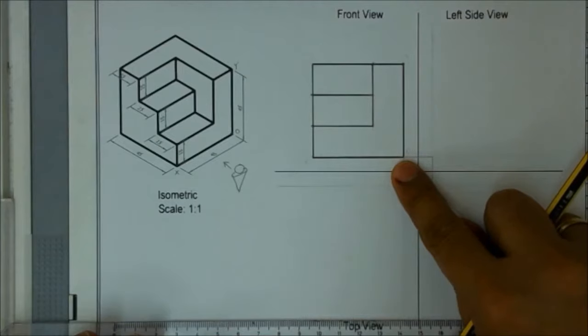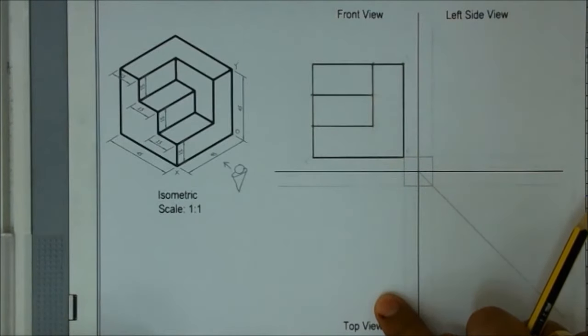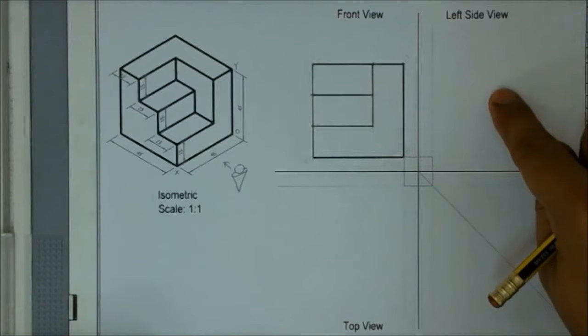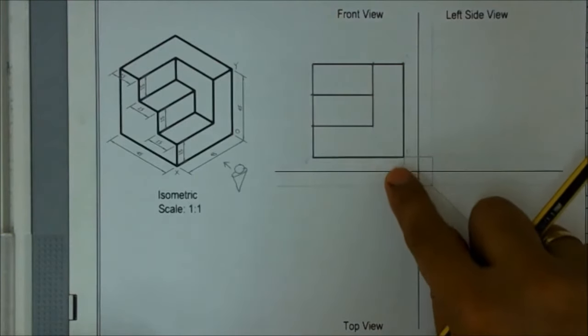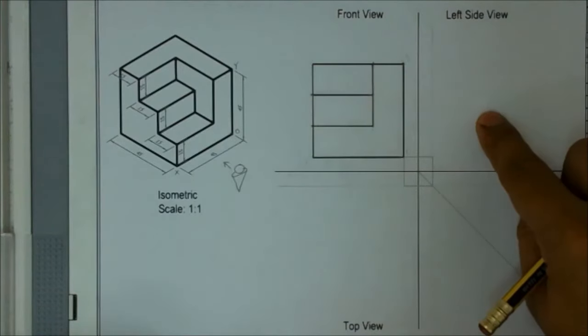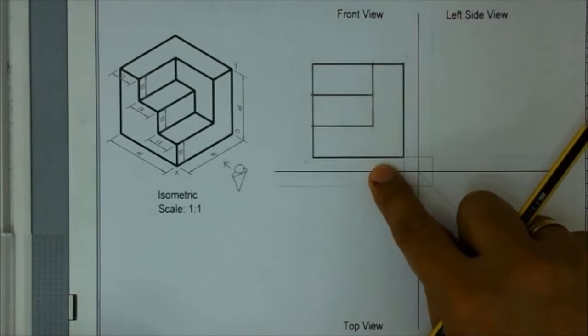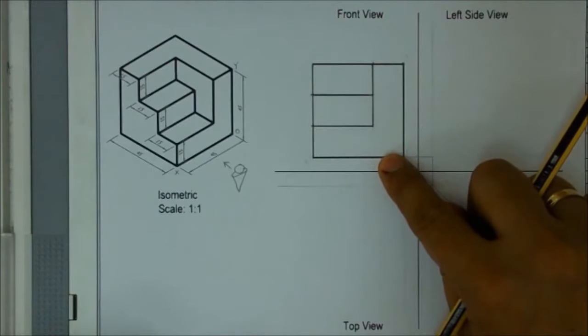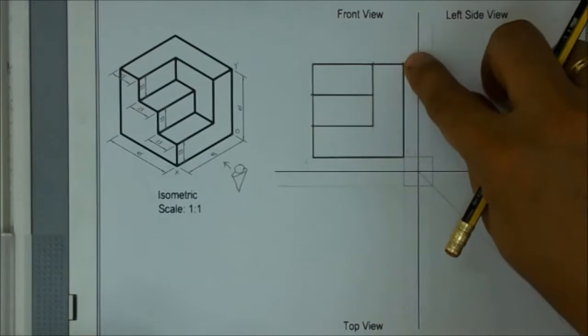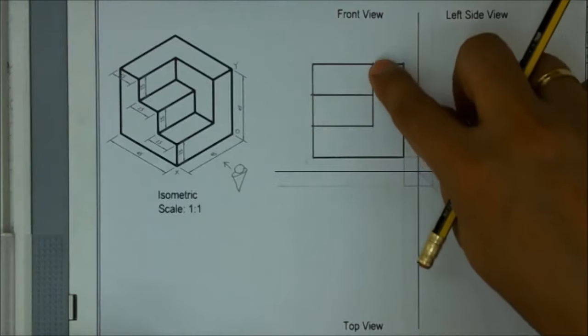What's next is our top view and our left side view. Now it will be easy for you to get the top view and the left side view since we have already our front view. From our front view, all we need to do is to look for our vertical lines.